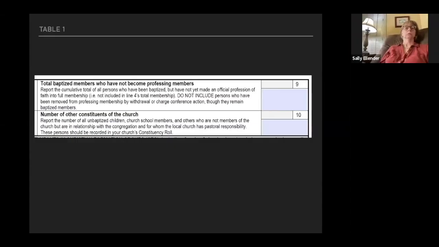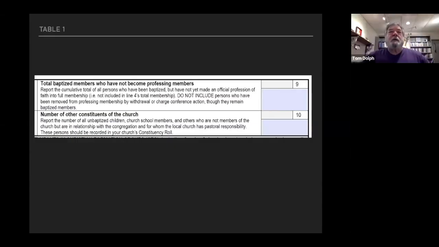This section, questions 9 and 10, can be confusing as well, because it does ask about baptism to an extent. This number is a cumulative total of the people who have been baptized at your church but have not become professing members.